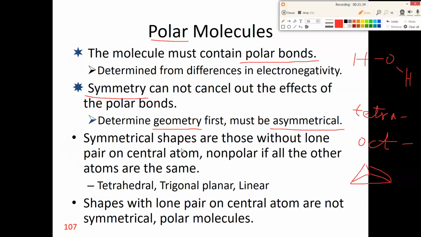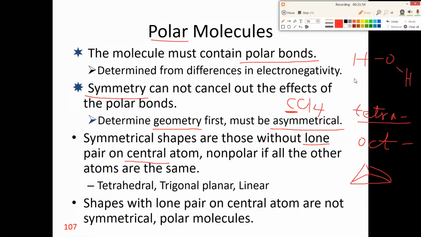So symmetrical shapes are those without a lone pair on the central atom. Like the tetrahedral we talked about, carbon tetrachloride. The central atom is carbon, and on carbon there is no lone pair.